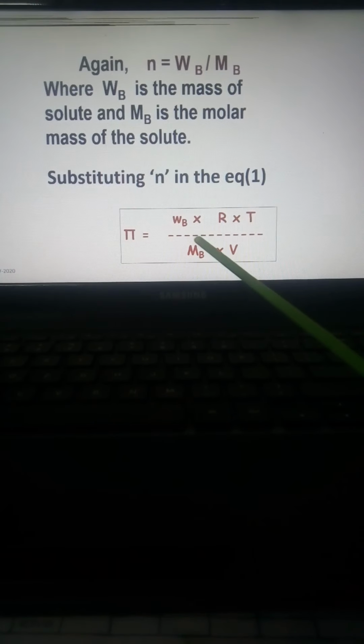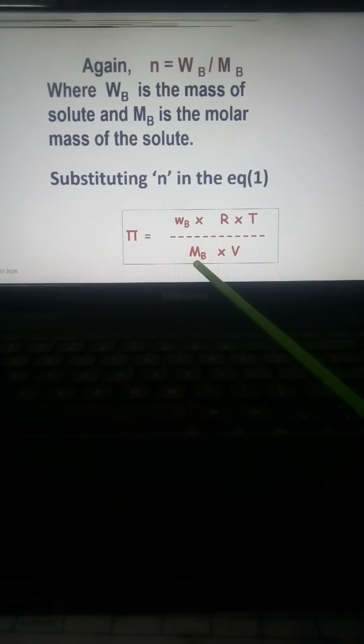Now substituting the value of n in equation 1, we get pi is equal to WB by MB into RT divided by V. This is the expression regarding osmotic pressure that we must remember. Or by rearranging, the molar mass MB is equal to WB into R into T divided by pi V. Thus, using the above equation, the molar mass of the solute is calculated.